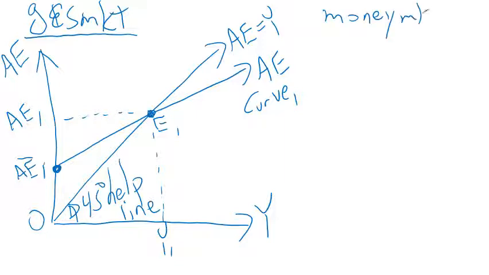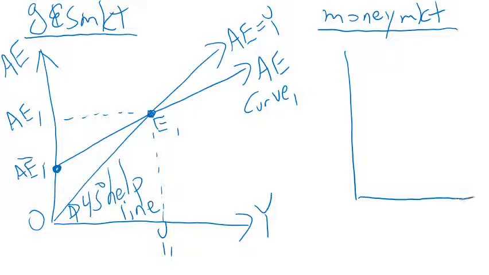we have the money market. Okay, I'm making it smaller, but it does not mean that it's less important. On the y-axis, the interest rate. On the x-axis, real balances.